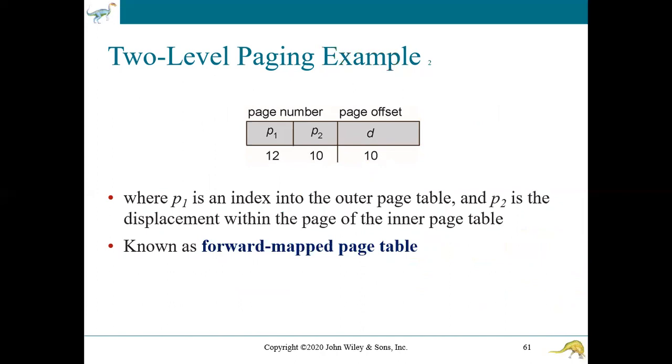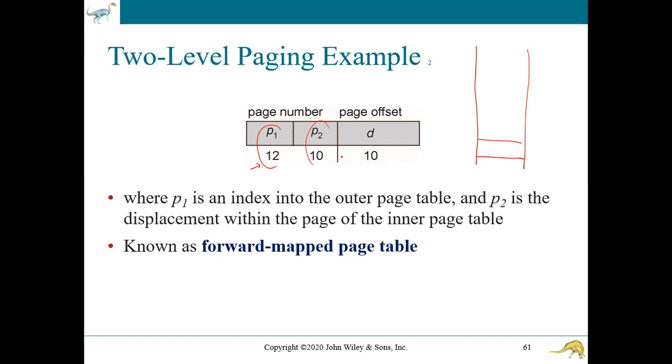Okay. This is the outer page table, and then this is the offset to identify the page table. Even though you are dividing it logically into outer page table and inner page table, they are not like that. They're all put in the memory. So this one is going to identify the page number where you need to go.